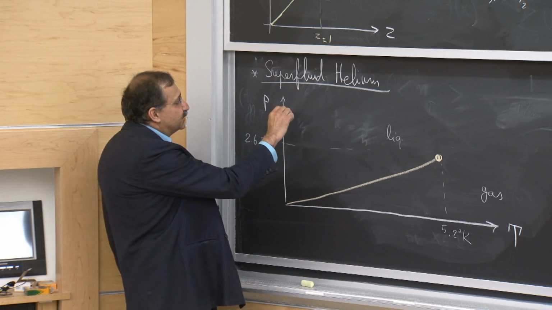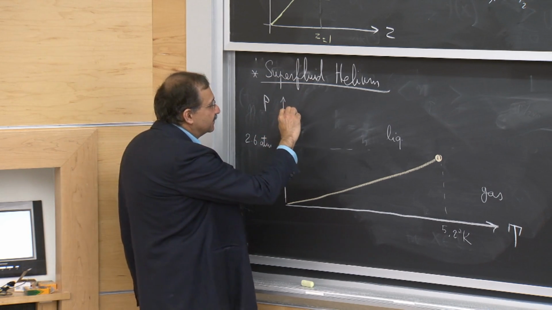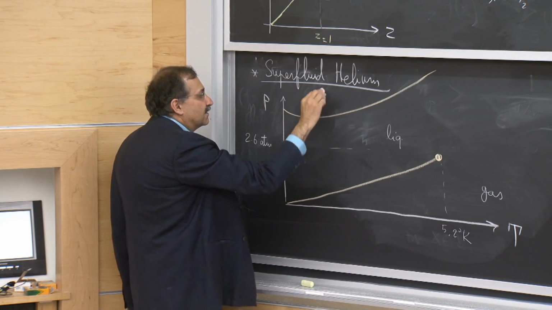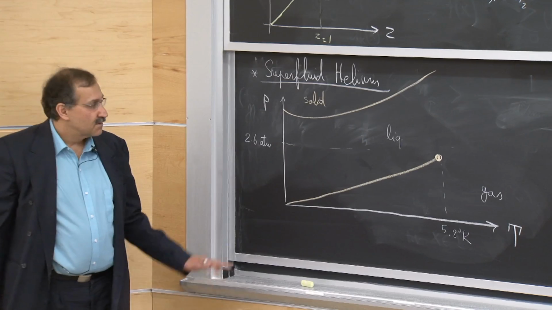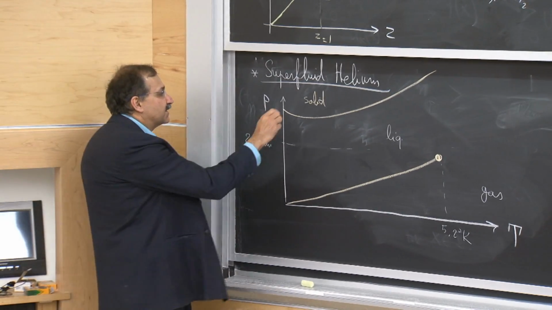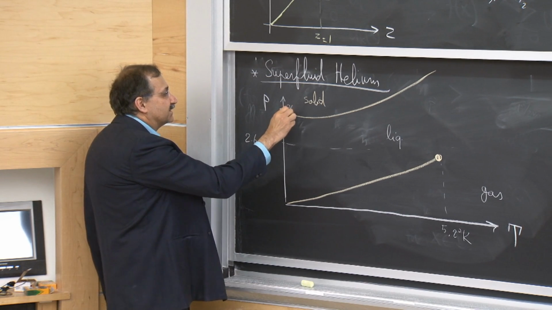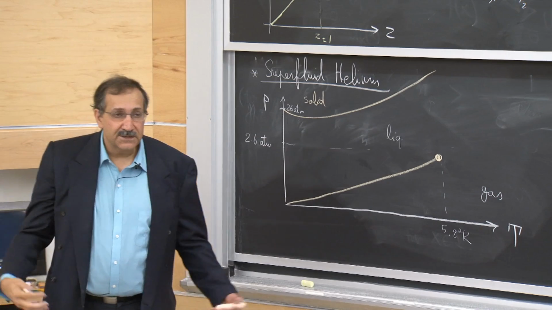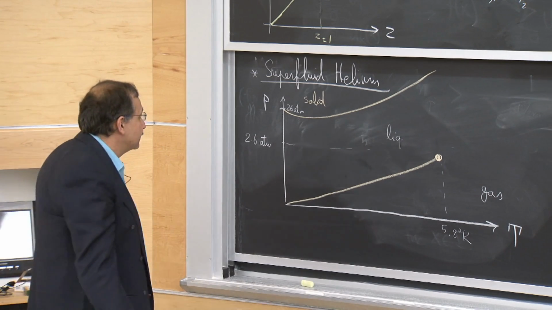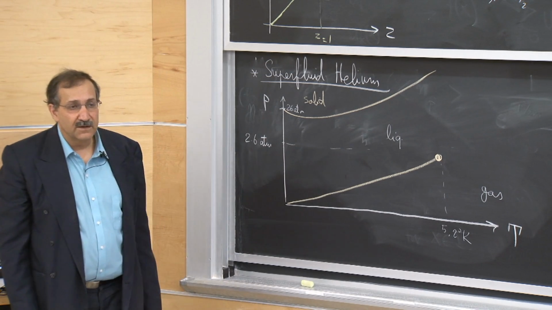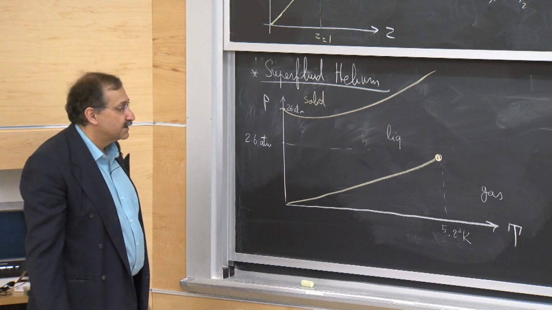If you put sufficiently high pressure on it, ultimately it will become a solid. But at normal pressures, this maximal pressure is something of the order of 26 atmospheres. For pressures that are less than 26 atmospheres, you can cool the liquid all the way down to 0 temperature, and it stays happily a liquid.